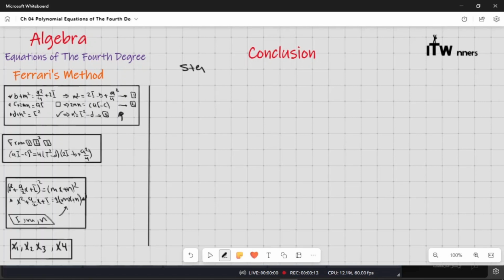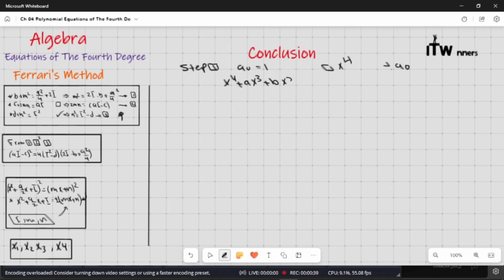So step 1 is to make sure a node equal to 1, the coefficient of x power 4. Okay, if it doesn't, just divide by a node to obtain x power 4 plus a cube x plus bx squared plus cx plus d equal to 0.